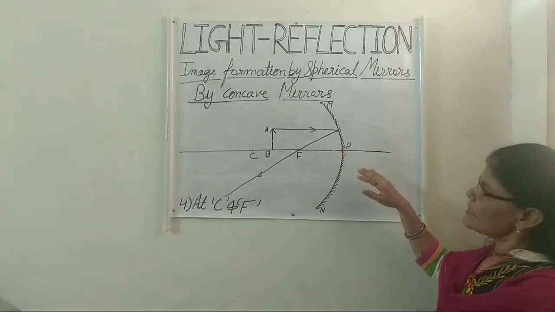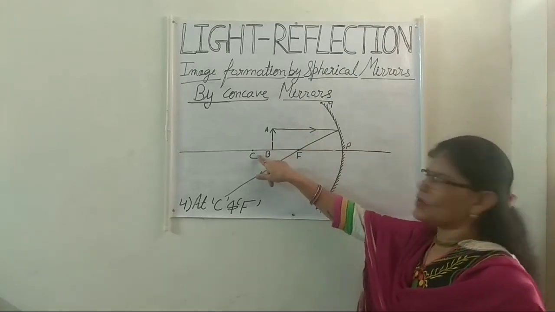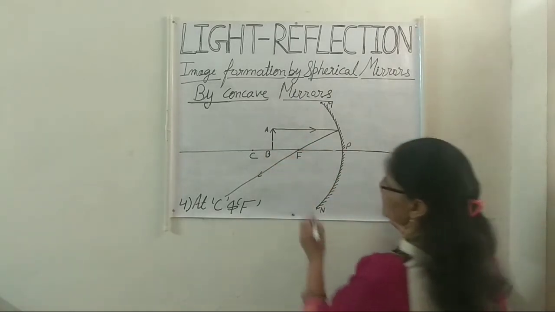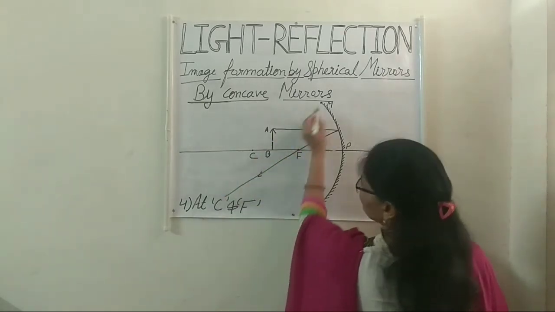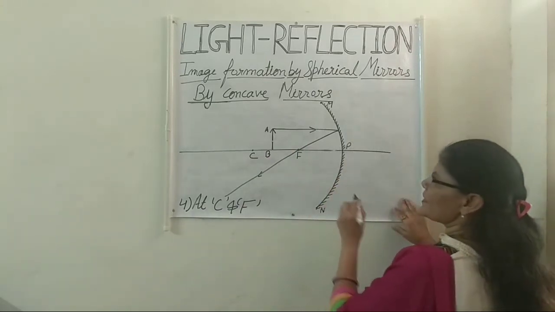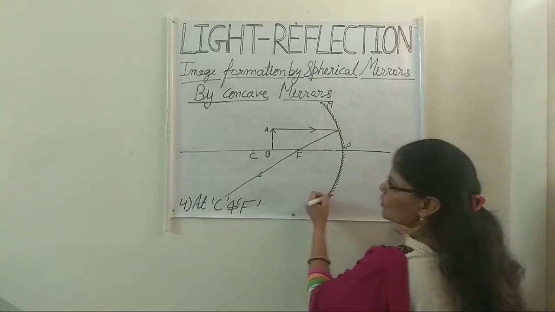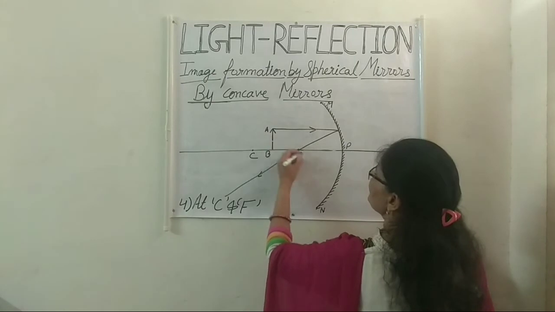Another case we can use is when the incident ray passes through the center of curvature, like this. Or we can use when the incident ray passes through the principal focus, then the refracted ray will go parallel to the principal axis. We can use any way. So let us use this case.